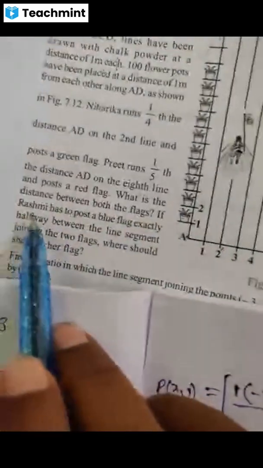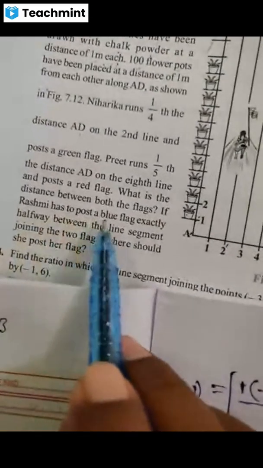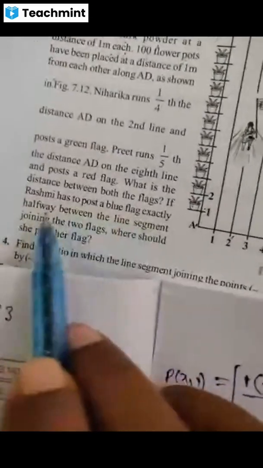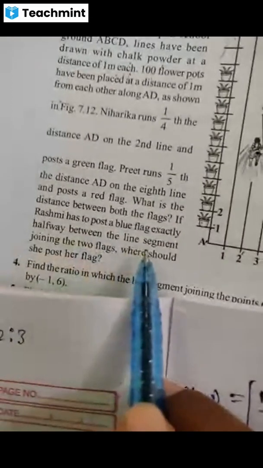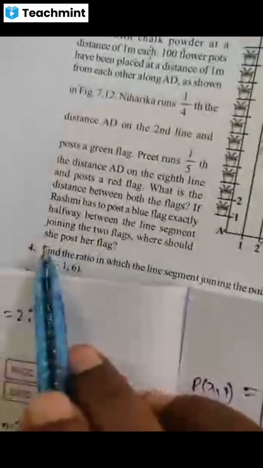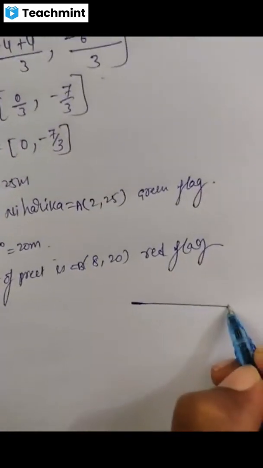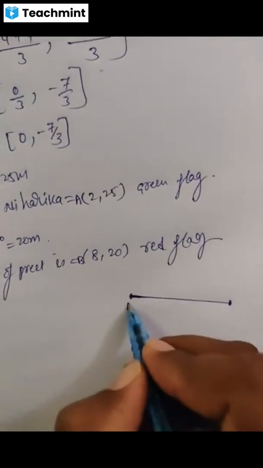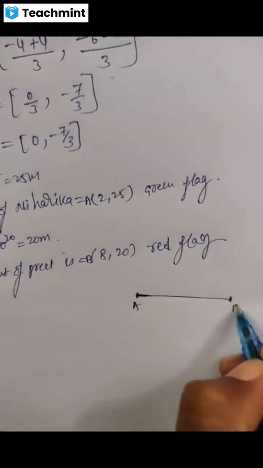Next, if Rashmi has to post a blue flag exactly halfway between the line segment joining the two flags, where should she post her flag? It means they are asking to find the midpoint. A is here, B is here.